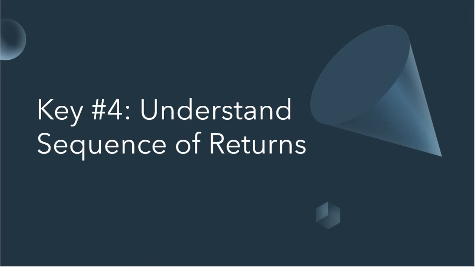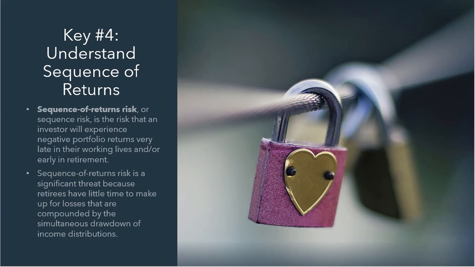So now we're going to pivot a little bit and talk about the sequence of returns. When you have this thing created, you have to understand what you're vulnerable to, and if you do take a hit, what it would take to come back from it. The two slides that I created here for sequence of returns are a little bit busy, but I want to give you a high-level understanding of what it is and how it works.